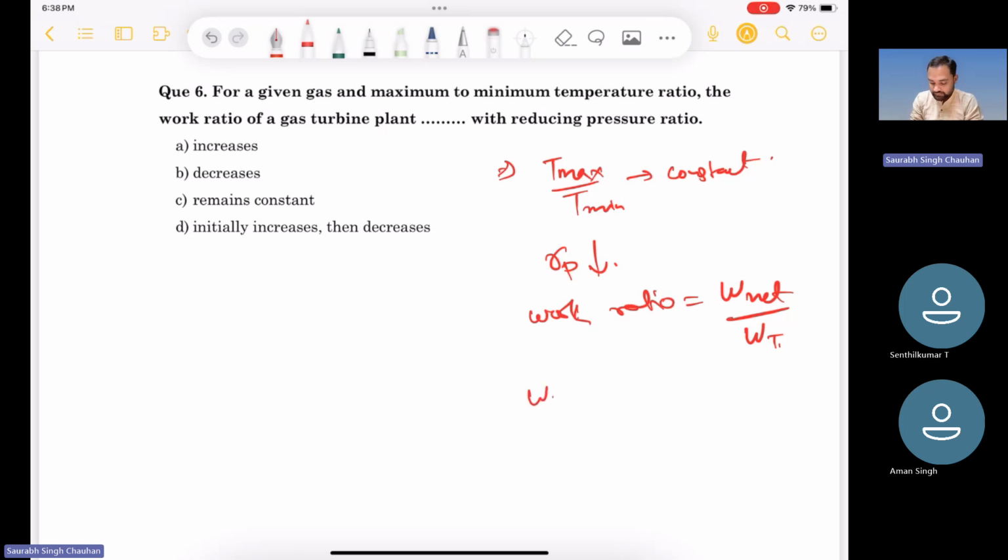So work net is equal to turbine work minus compressor work. You want to increase this work ratio. So it is saying that if you reduce the pressure ratio, then what will happen?